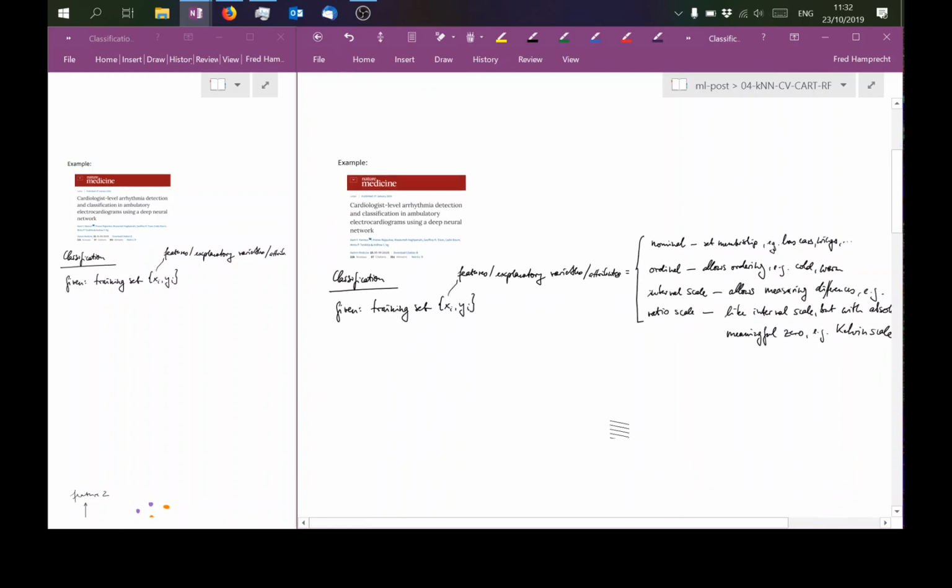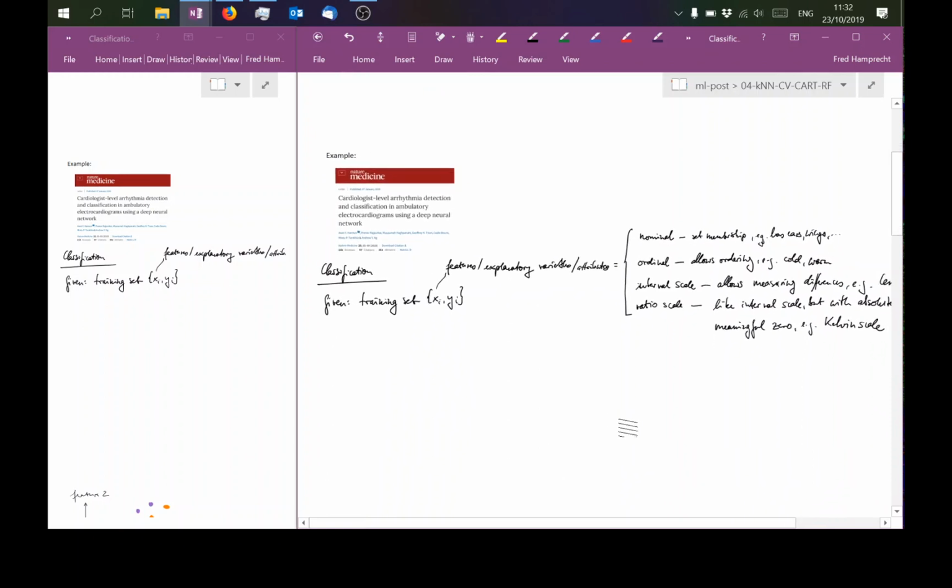And then I mentioned that the training set consists of pairs of examples of this xi and of this yi. And this yi is sometimes called labels, or it's sometimes called targets or outputs. And this is just the most simple case.